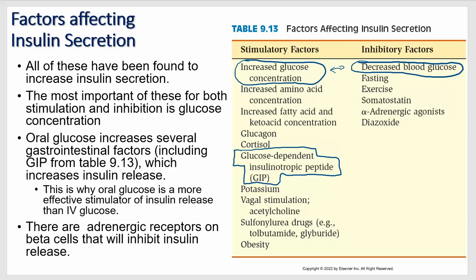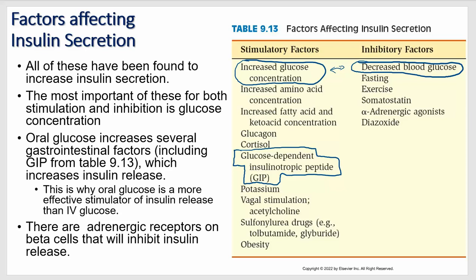When food moves into the small intestine, there's going to be sugars, glucose there, and that will trigger the release of hormones from the small intestine to the pancreas saying, hey, we have sugar arriving, and so it increases the insulin release from the pancreas. Glucose-dependent insulinotropic peptide is a peptide hormone that will then go and let the pancreas know that there's glucose in the stomach.